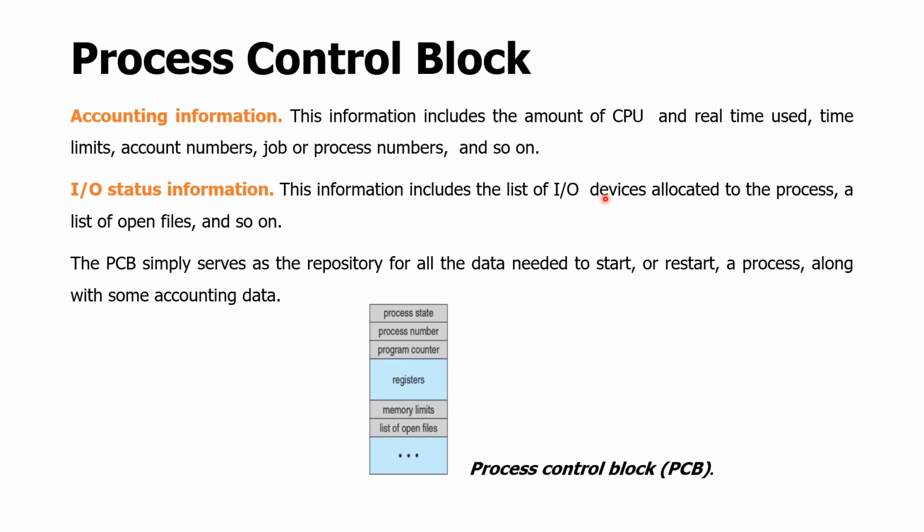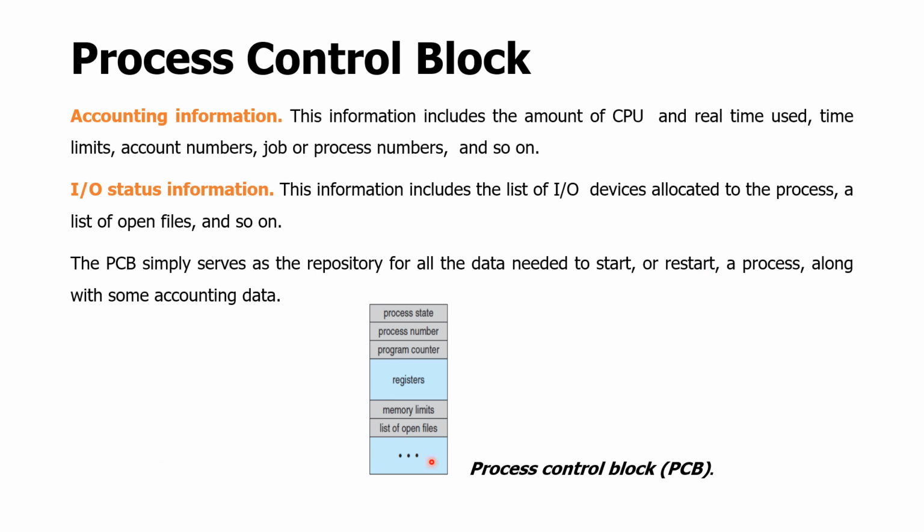It includes a list of IO devices allocated to the process, a list of open files, and so on. So we can simply say the PCB serves as the repository for all the data needed to start or restart a process, along with some accounting information.